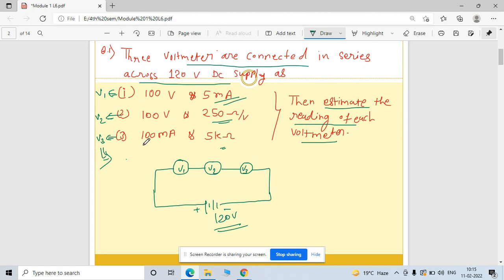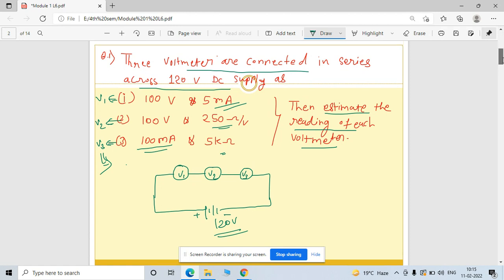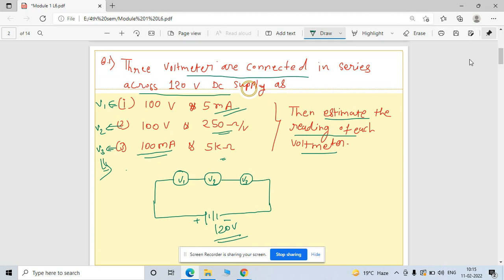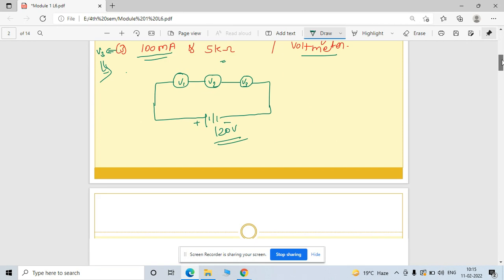So for voltmeter 3, 100 milliampere which is given here is nothing but your IFSD current. Okay, so try to solve it. This is the first question. I will give you 3 to 4 minutes.